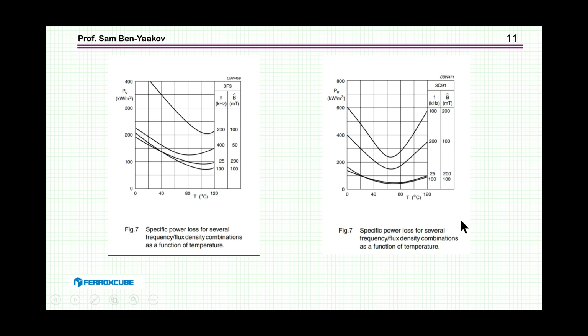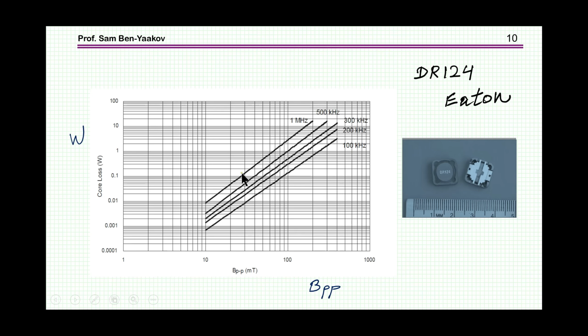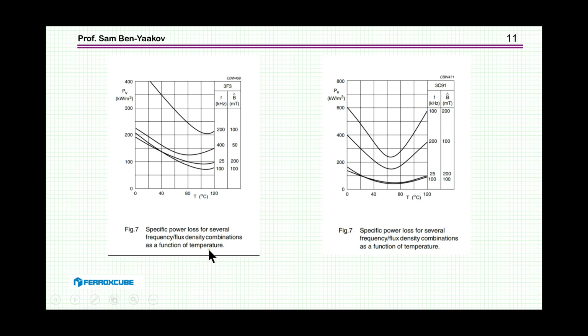Now, one has to bear in mind that these curves are dependent also on temperature, and therefore you have to look up, for the particular material that the inductor is built around, how it depends on temperature. And I'm showing here two cases. One is for 3F3, which is optimized, so to speak, at the high temperature. So you see this is now the loss for core material 3F3.